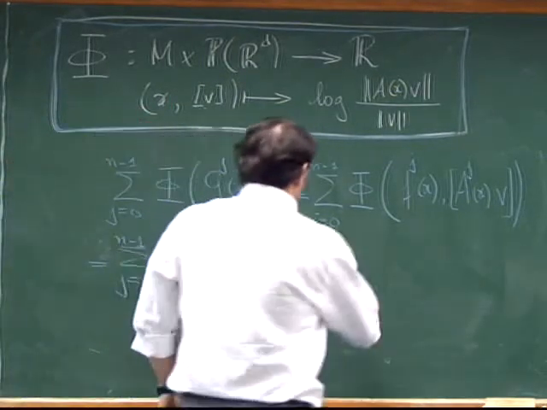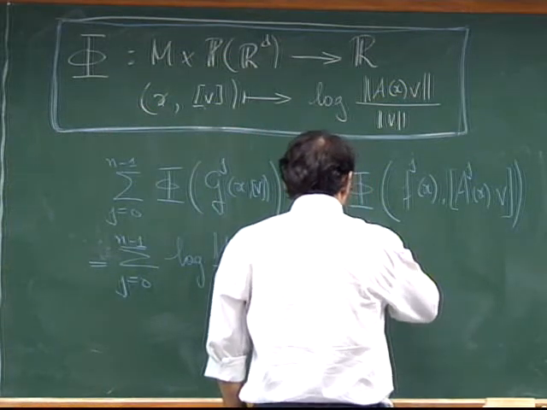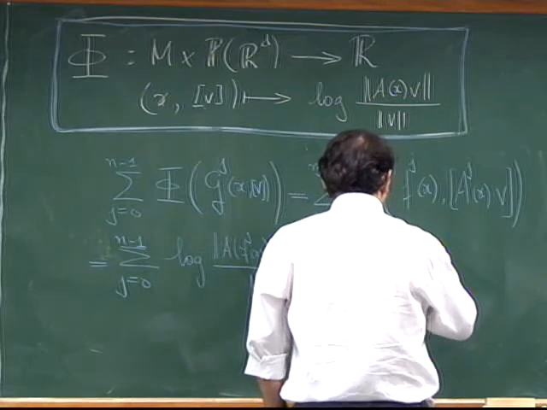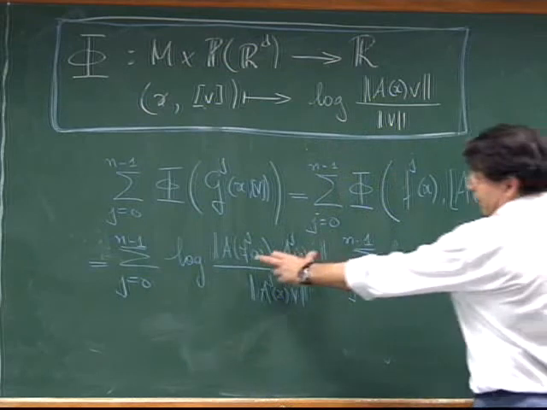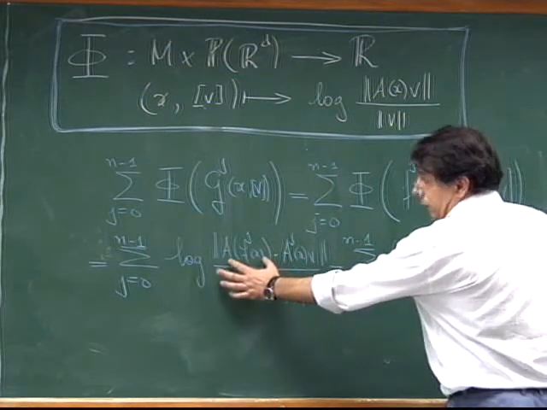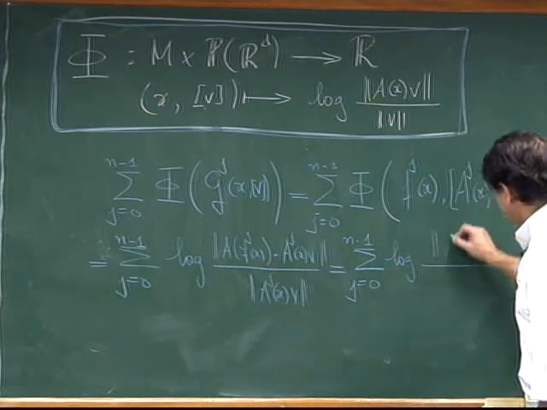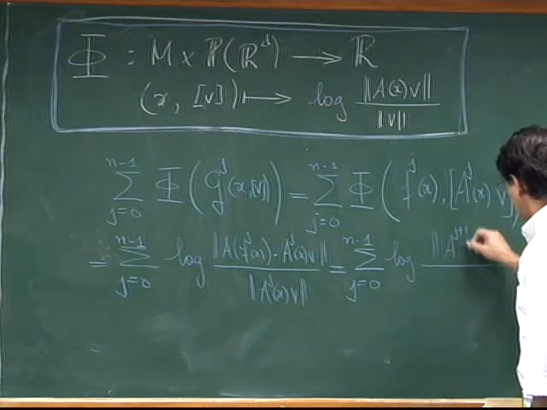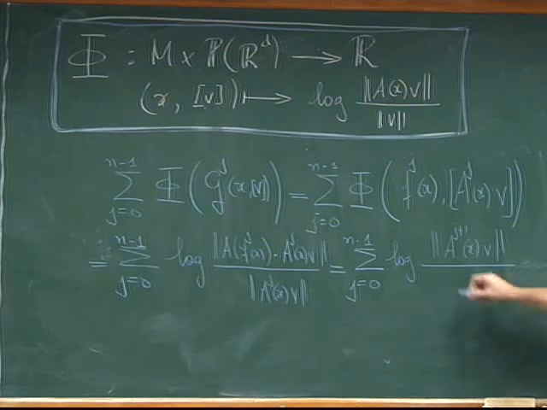So this is the same as the sum from 0 to n minus 1 of the logarithm of what is written upstairs. We have the first j iterates of a, and then we have the next one. By definition, what is written upstairs is a_{j+1}(x) v, and downstairs, a_j(x) v.